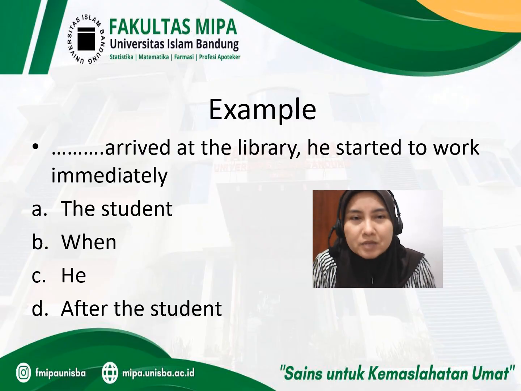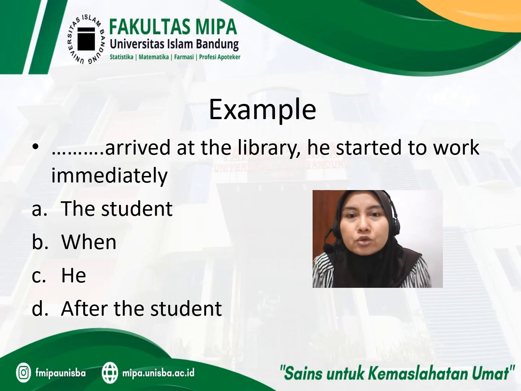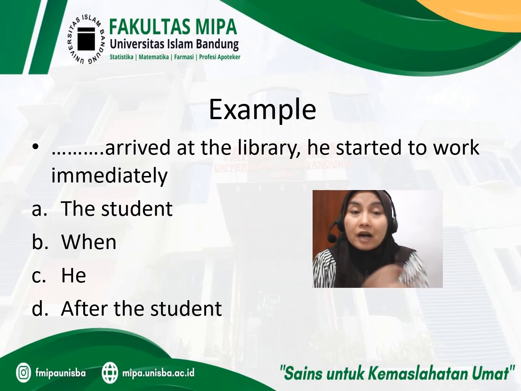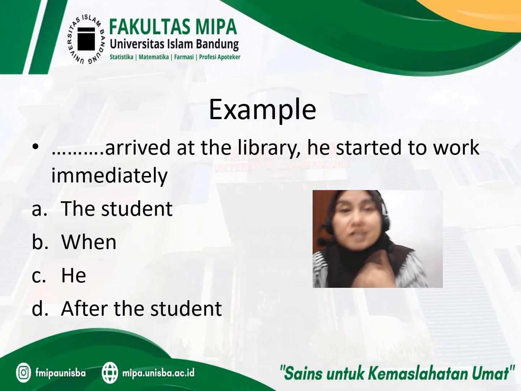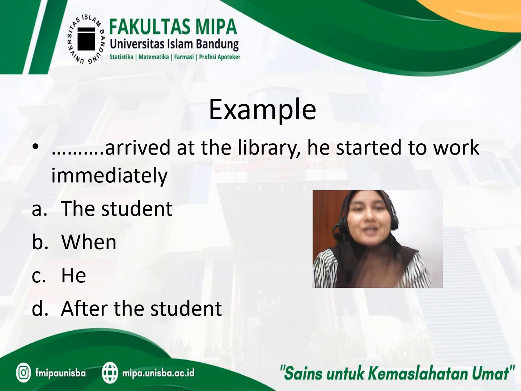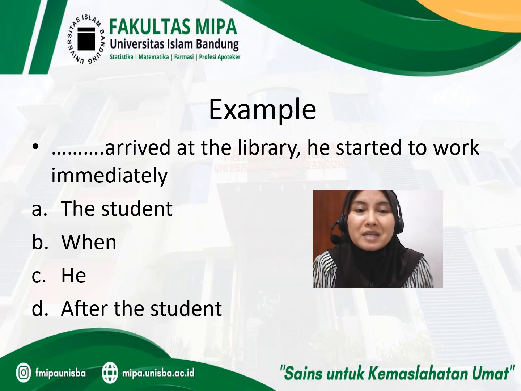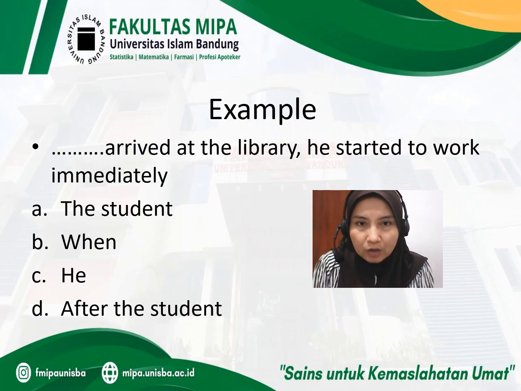He can be a subject, but the question still needs a conjunction to connect two clauses. Option D, we have after, which is a conjunction, and the student as a subject. So the answer is D, after the student, because there is a conjunction which can connect two complete clauses, and the student can be a subject for the verb arrive.